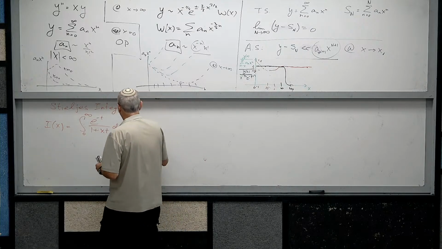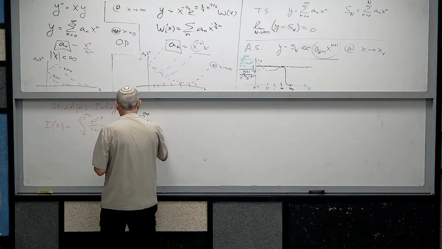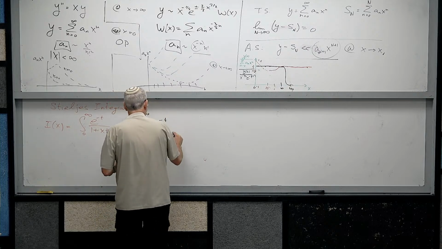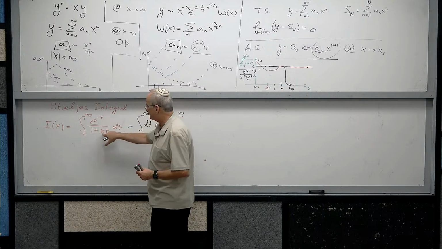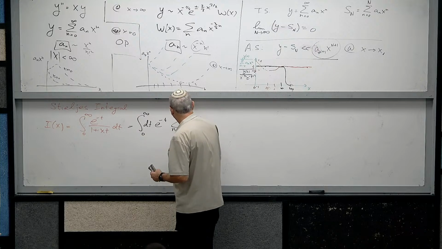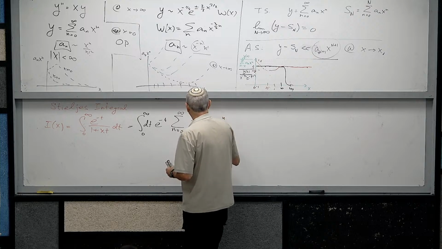It's very easy. I can write this as the integral from 0 to infinity dt, e to the minus t, times the sum from n equals 0 to infinity. I expand this in a Taylor series. So what I have is x to the n, t to the n, minus 1 to the n.